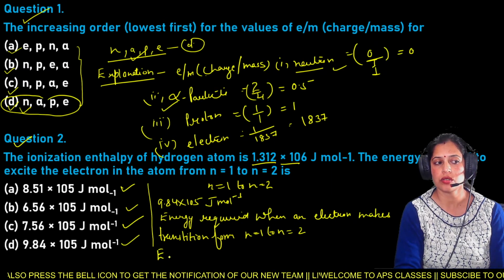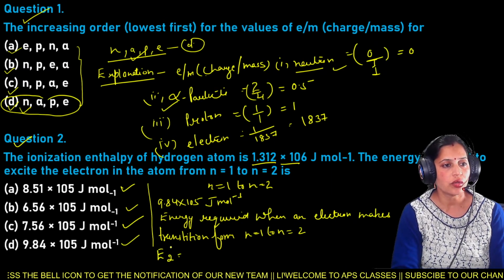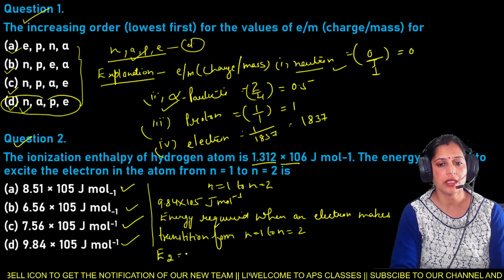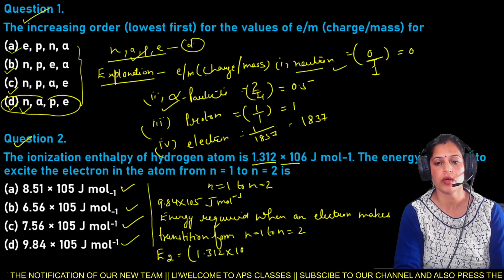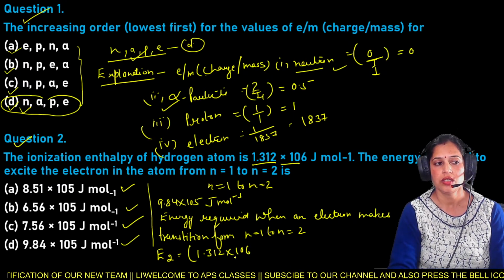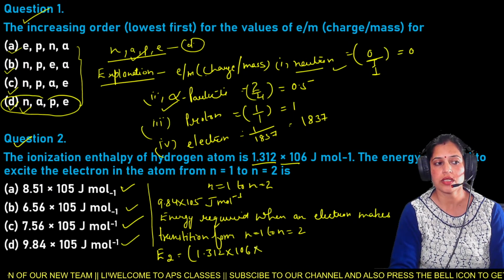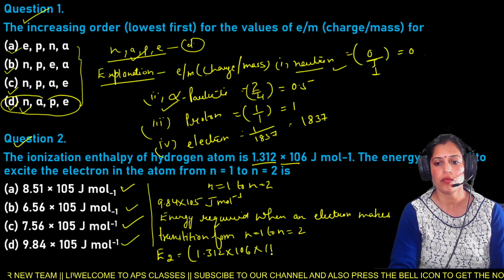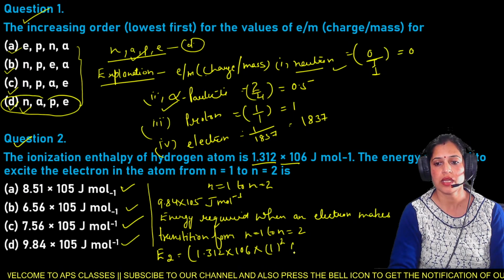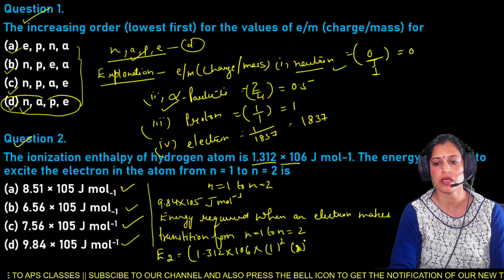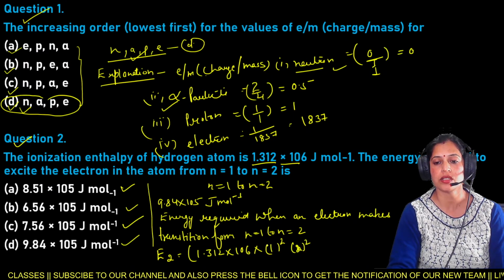Then E2 is equal to 1.312 into 10 raised to power 6 into 1 upon 1 square minus 1 upon 2 square, that is n equal to 1 and n equal to 2.